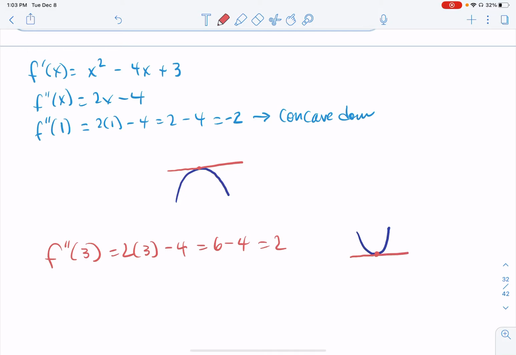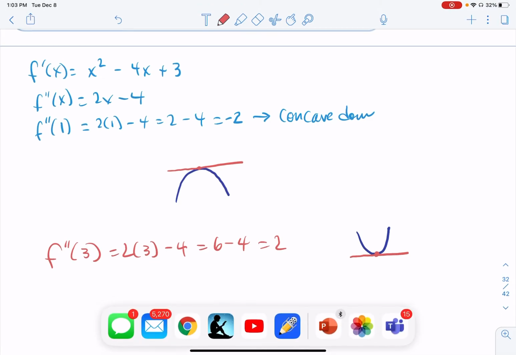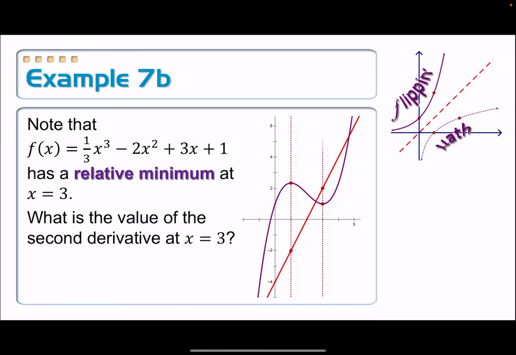If it caves away from, upwards from that tangent line, this time it must be a relative minimum. And let's see that on the graph for that one. So again, here is the value of the second derivative. It's positive 2. It's concave up here, and it's going to give me a relative minimum.